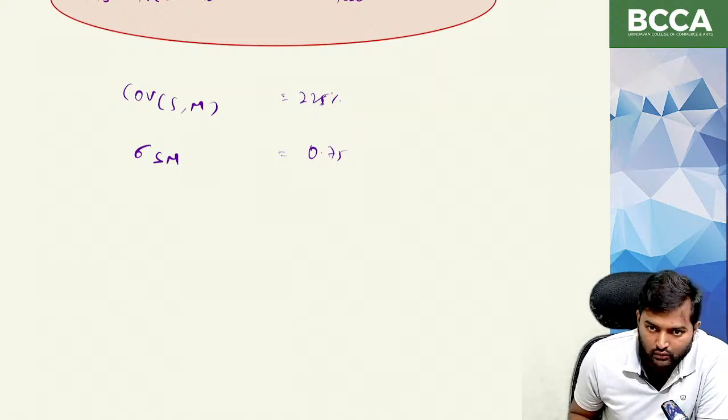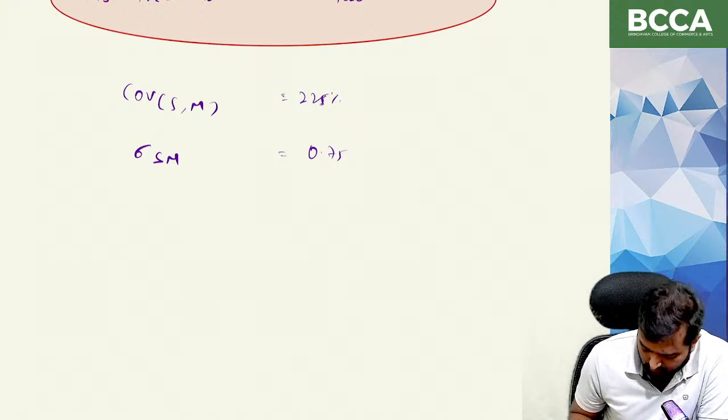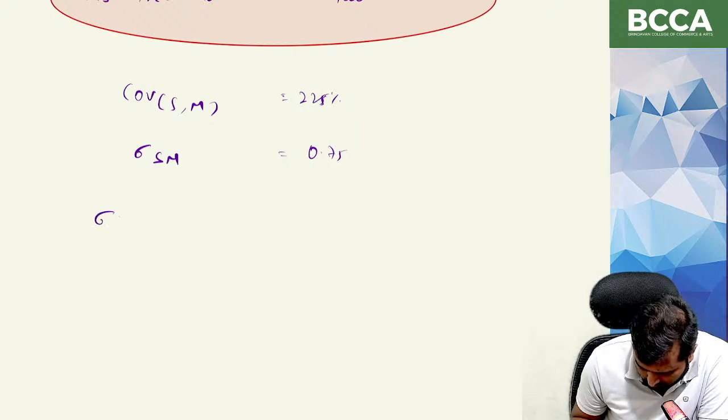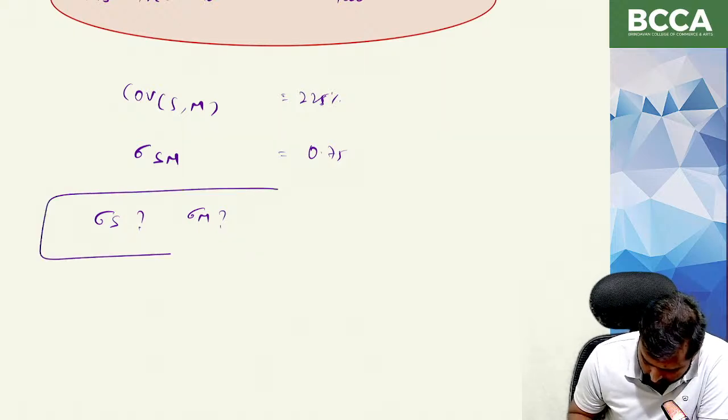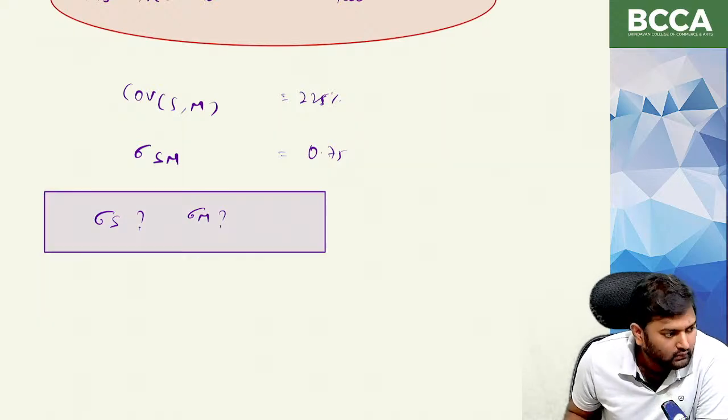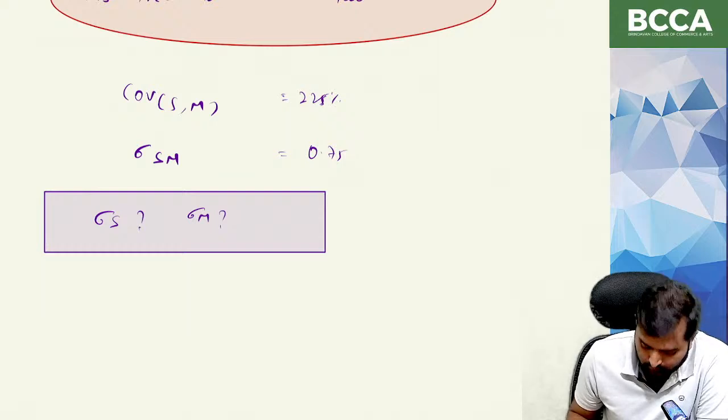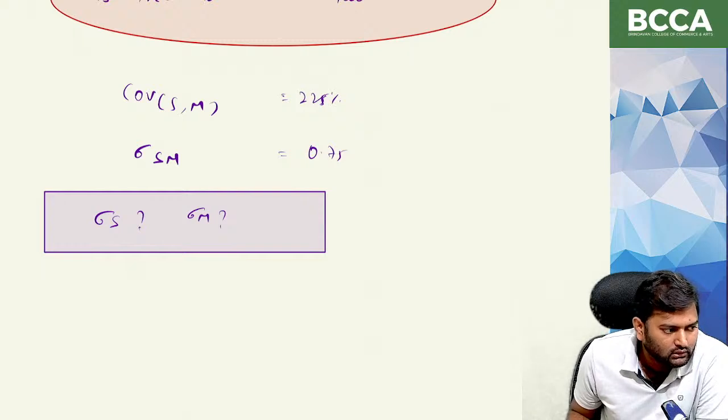They are asking you to find out the standard deviation of market and standard deviation of security. So this is nothing but a simple finding missing figure, that's it.